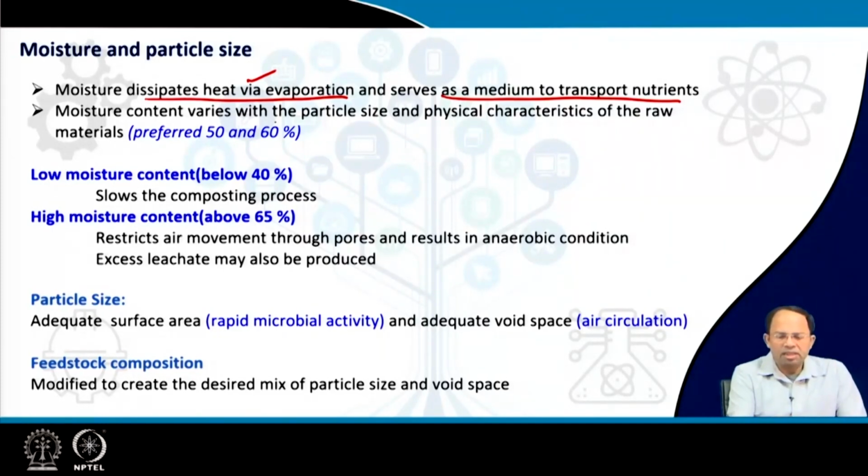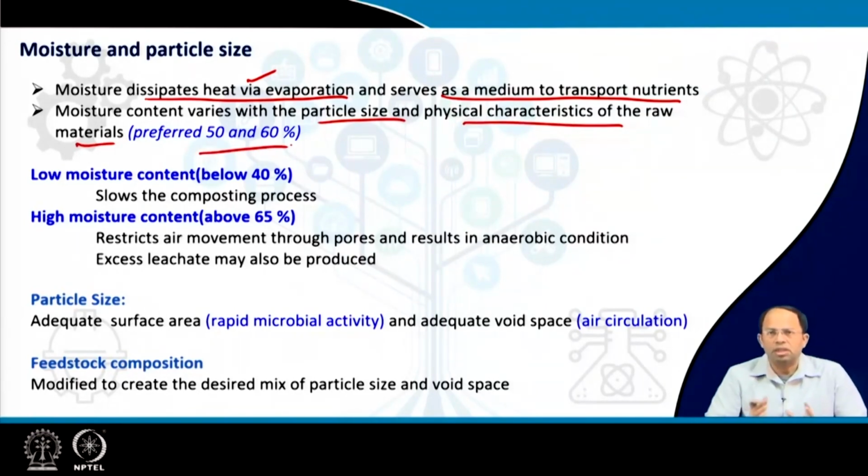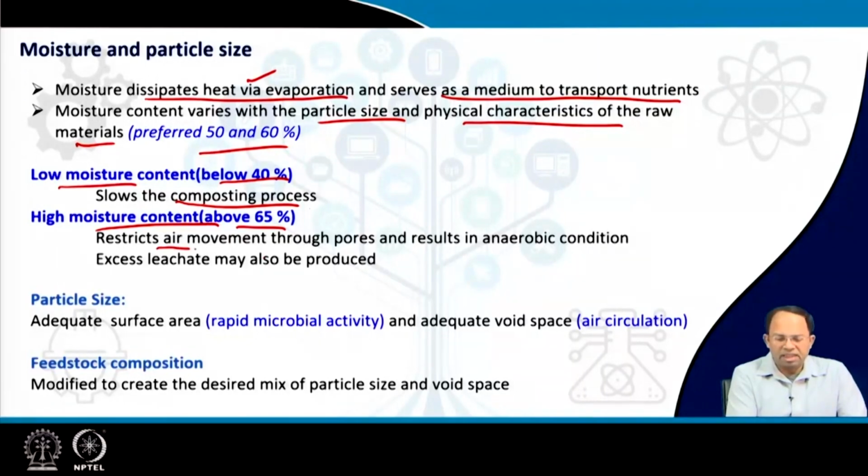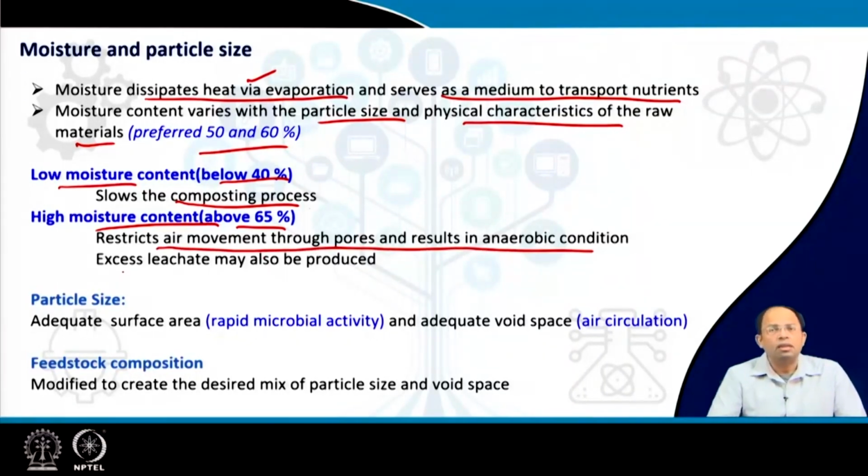And moisture content varies with particle size and physical characteristics of the raw material, and the preferred range is around 50 to 60% moisture in this particular compost heap. So when it goes below 40%, we say it's a low moisture content, and this slows the composting process. And if it is very high moisture content, above 65%, that also creates problems because it restricts air movement through the pores and results in anaerobic conditions, which again slows down the overall composting process.